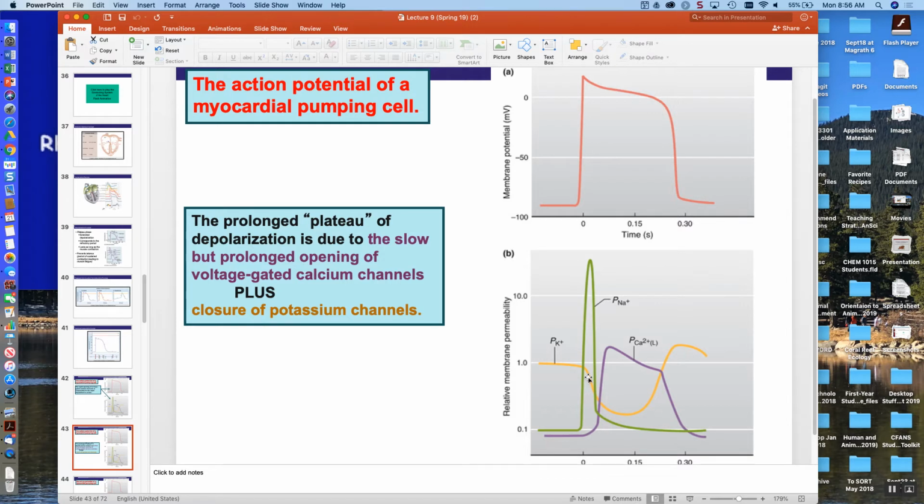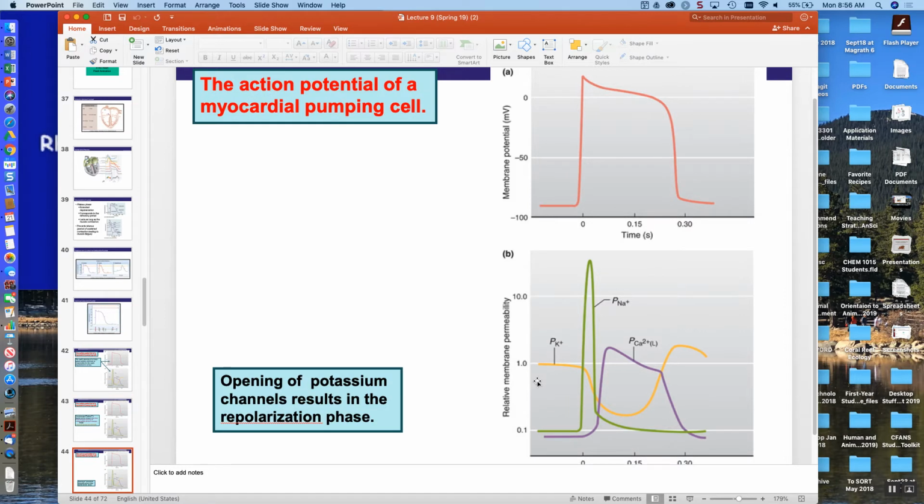If it's closed, that decreases the relative conductance of potassium, keeping it in a depolarized phase, that plateau phase. And then finally, those delayed potassium channels open, and the opening of the potassium channels results in the repolarization phase.